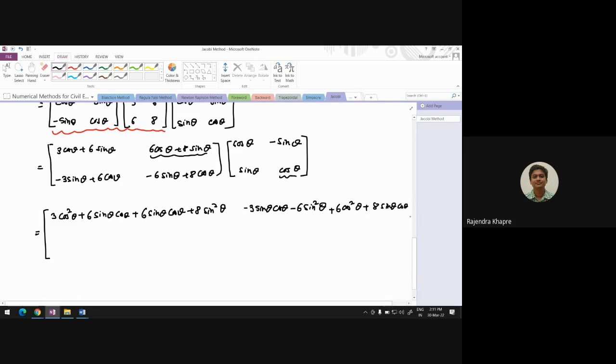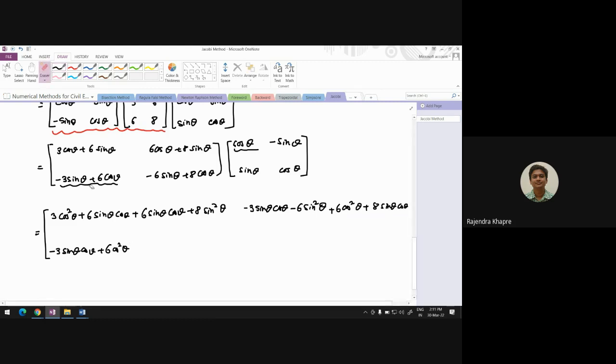Then in the next cycle, I'll have to go with the multiplication of this with cos theta. Okay, so let me write down: this is minus 3 times sin theta cos theta plus 6 times cos square theta.